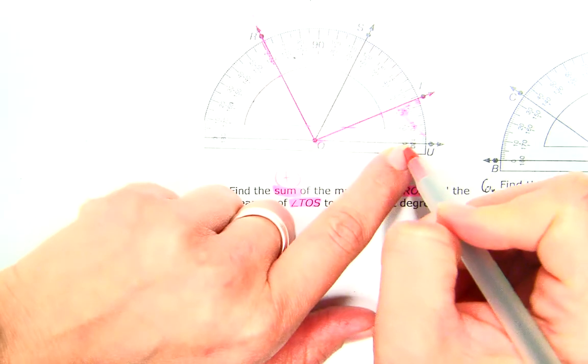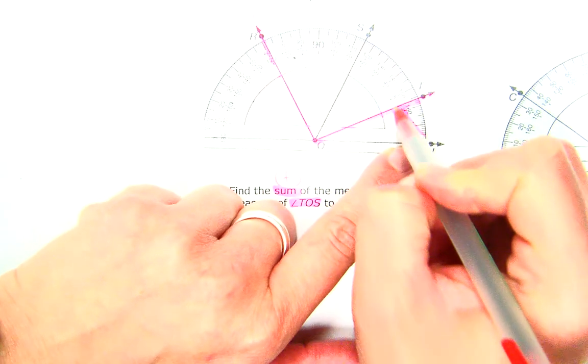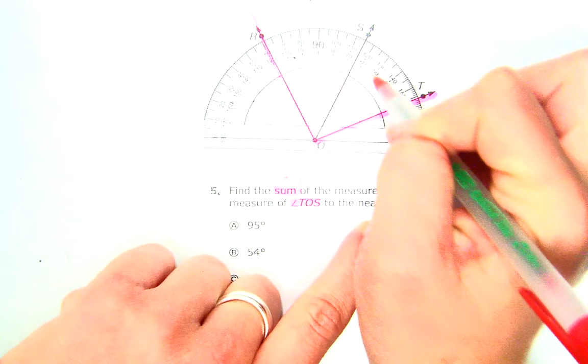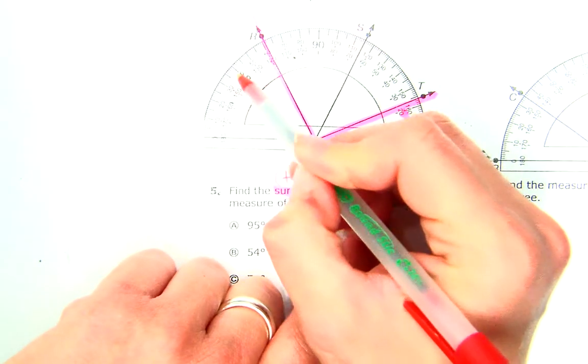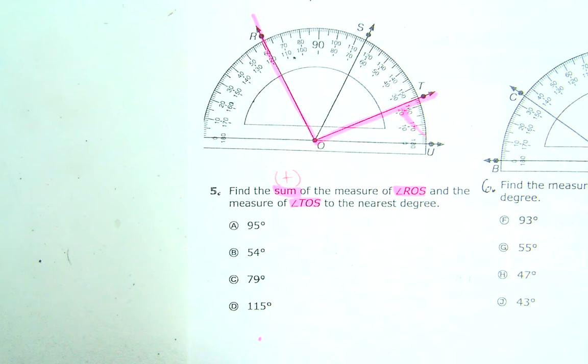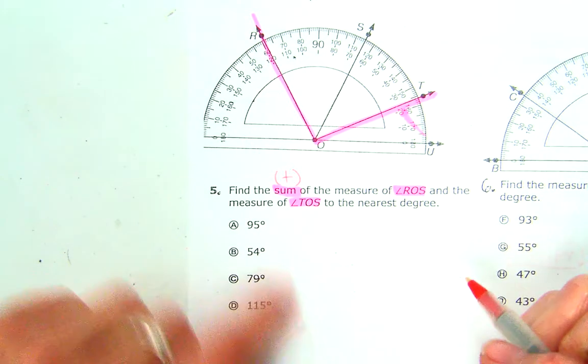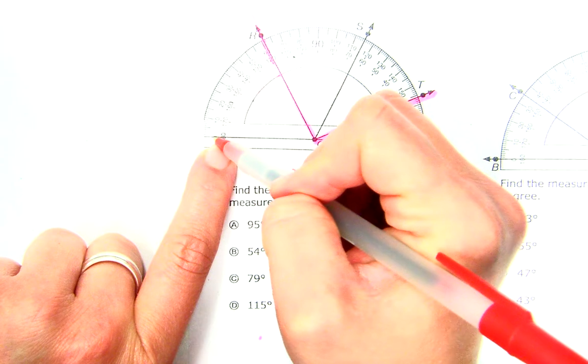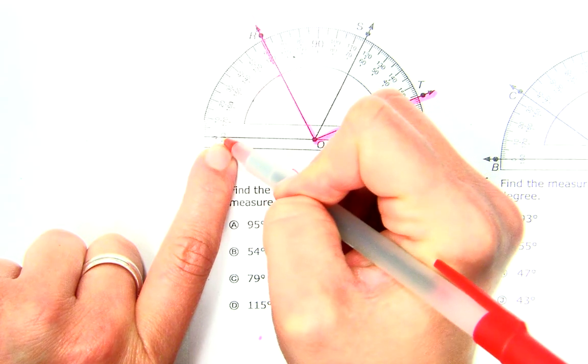However, if your angle's starting on the right-hand side and going right to left, well, as I'm increasing, my bottom numbers are increasing. That's why your protractor has 2 different sets of numbers, because it depends on if you're starting on the left or the right. So if we look at this, here's 0 degrees and 180 degrees.